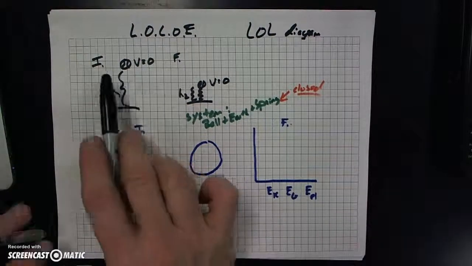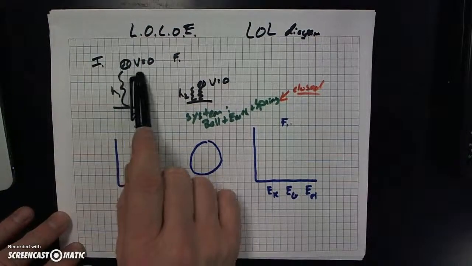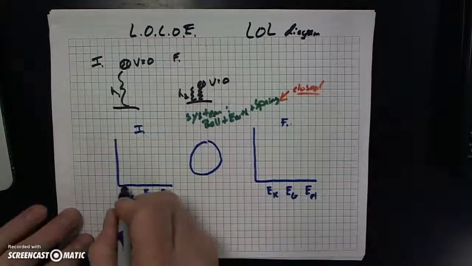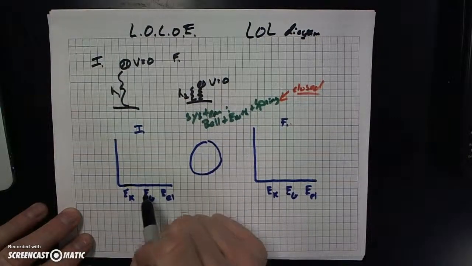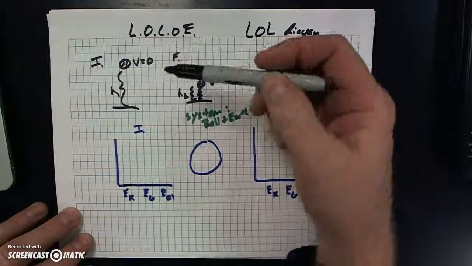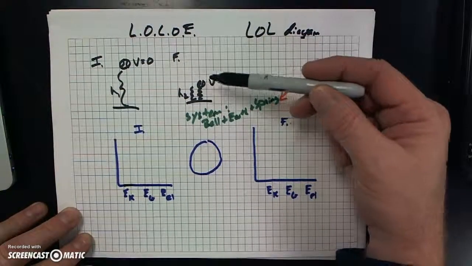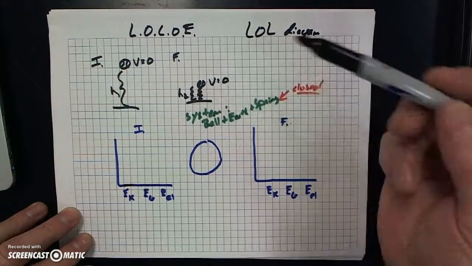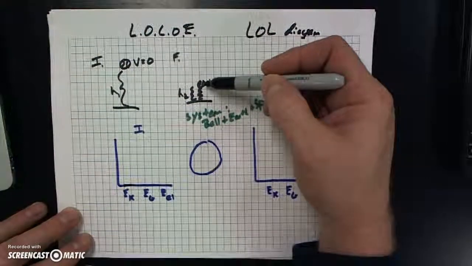So we look at our initial state and we say, all right, the kinetic energy comes from the velocity. Since we have no velocity, we're not going to have any kinetic energy to start. And then for gravitational energy, we look at height. We see that in the initial state, it's a higher height, and here we have a lower height. That means we are going to have some higher gravitational energy here than we do here.